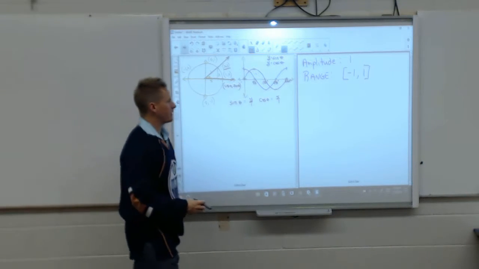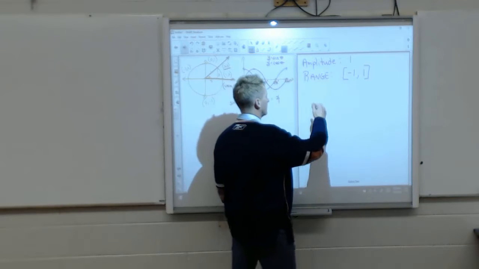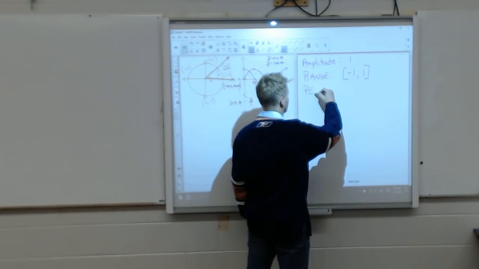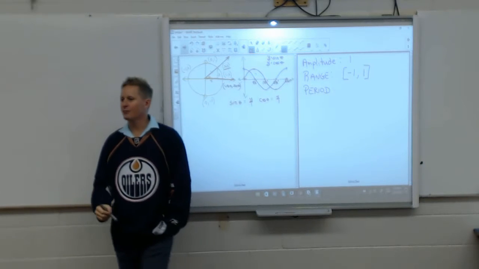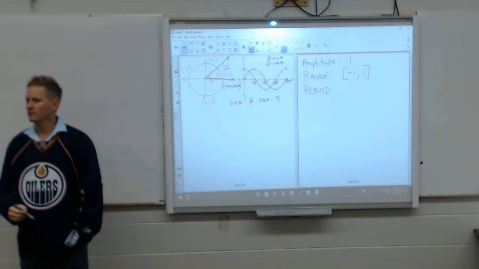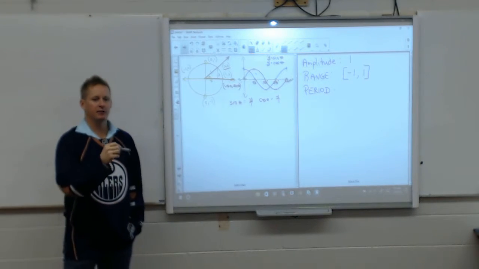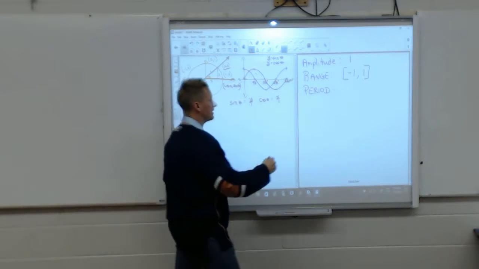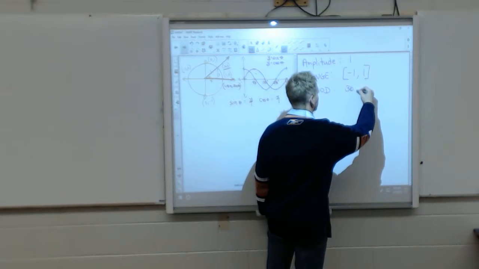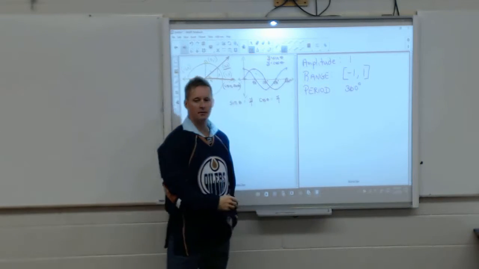The second thing we want to talk about is the period. When does it repeat itself? After 360 degrees, it starts doing the exact same thing again. So the period for this graph is 360 degrees.